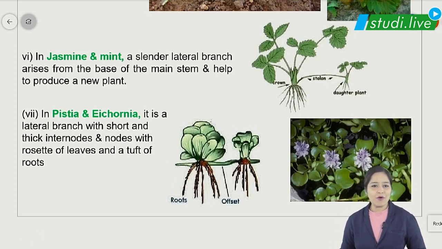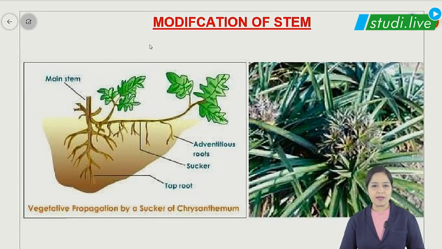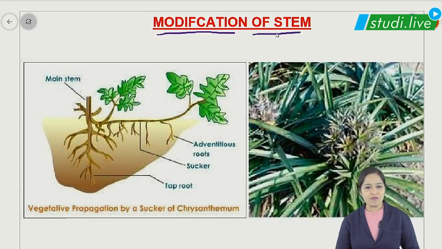So they have a lateral branch with short and thick internode, and the leaves are arranged in a rosette fashion, and they have a tuft of roots. These are the tufts of roots which are present below. Here we can see the modifications of the stem. We have some more examples of these modifications of the stem.